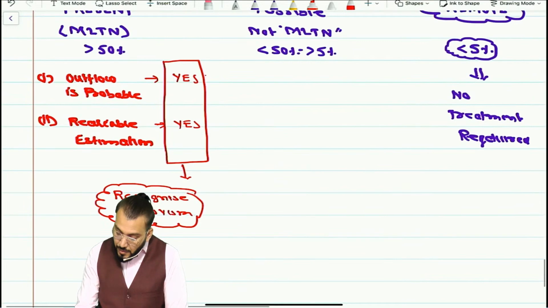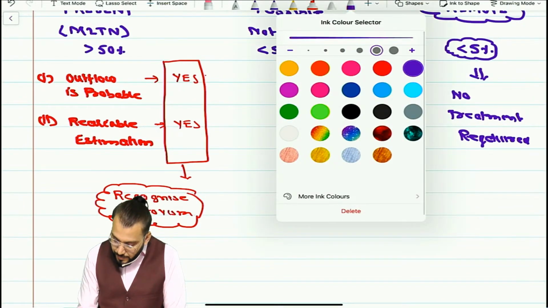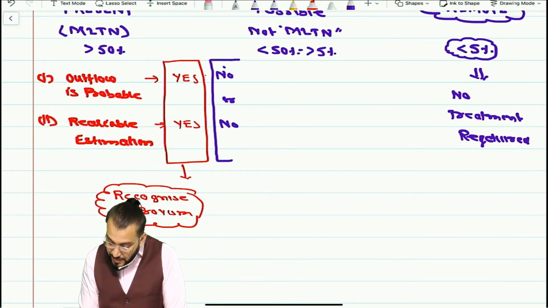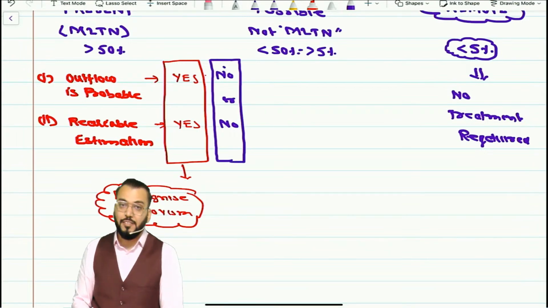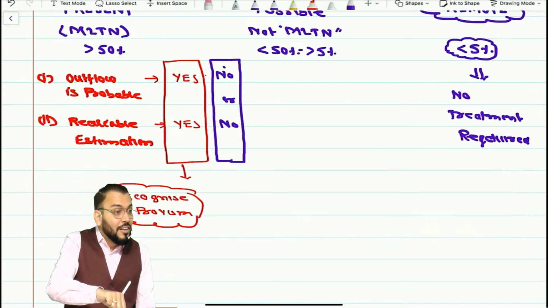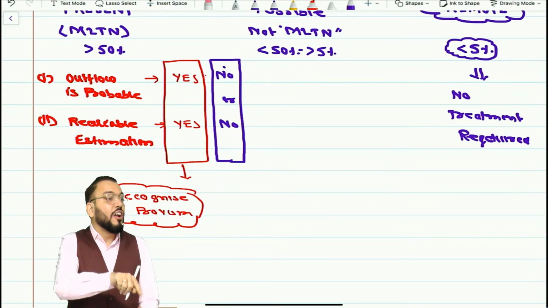Correct. But if I say either this is no, or this is no, or both are no, meaning any one condition is not satisfied, then there is a present obligation arising from a past event, but either outflow of resources is not probable or estimation cannot be made.